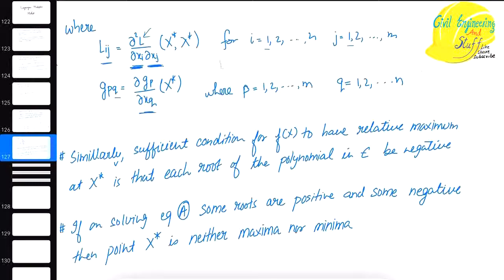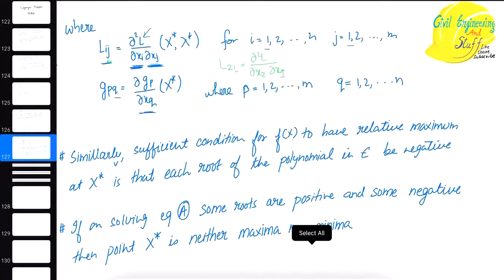So we are finding L21, where i is 2 and j is 1.